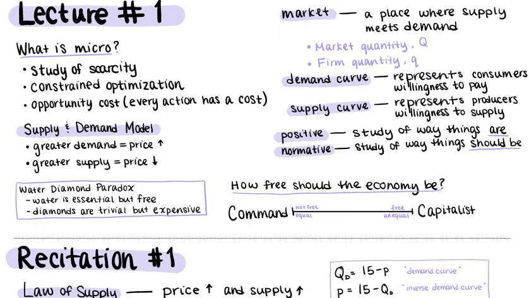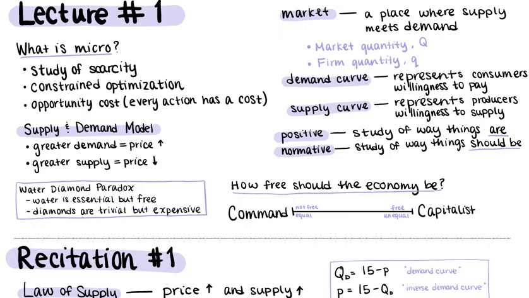Okay, so the key takeaway of this is positive and normative analysis. These are two different types of analysis applied to an economic question or a more general system. Positive analysis is the study of the way things are, like a demand and supply curve, where we derive it and find the tangent.